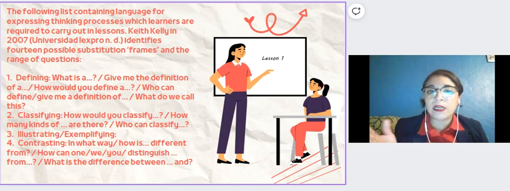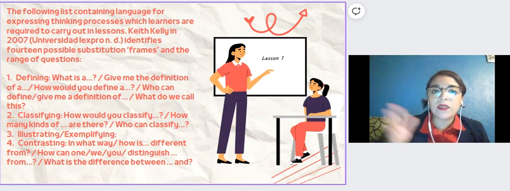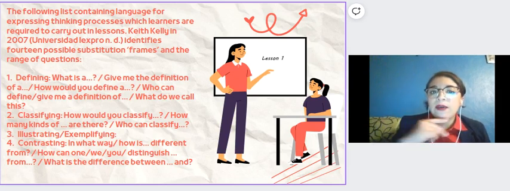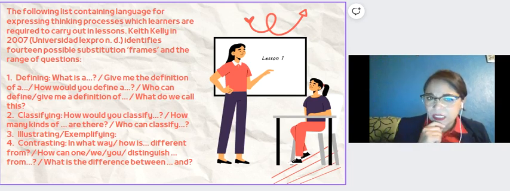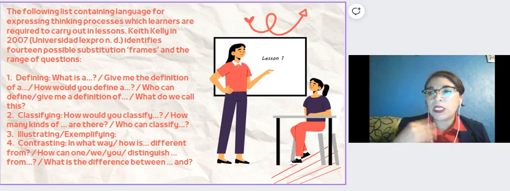So first we have defining, and the teacher might ask, what is whatever, give me the definition of, how would you define, who can define, give me the definition of, and what do we call this, for example. Number 2, we have classifying. So how would you classify it? How many kinds of are there and who can classify?